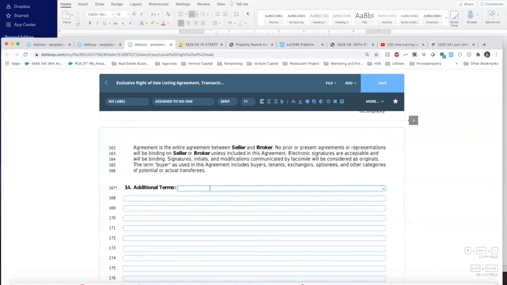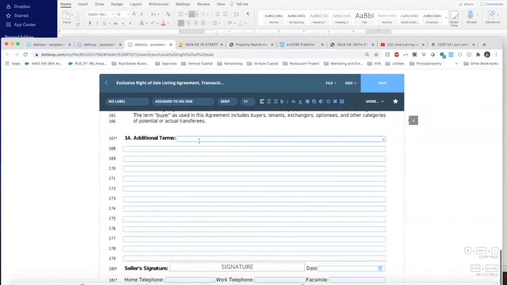Then additional terms. Again, here, if there is something on the side that you discussed with the seller, for example, you can specify the furniture package price.